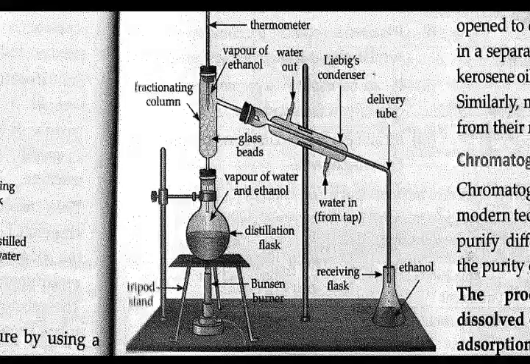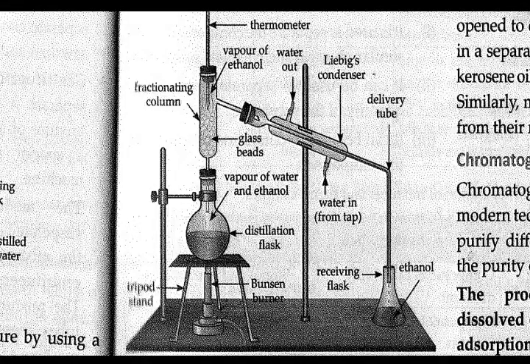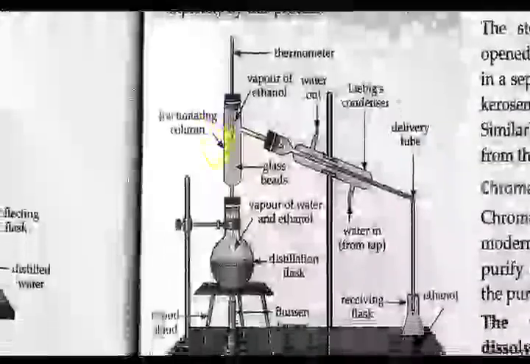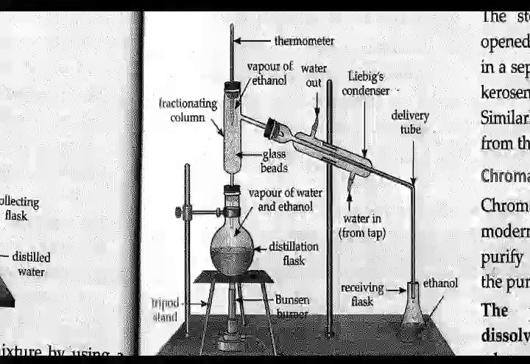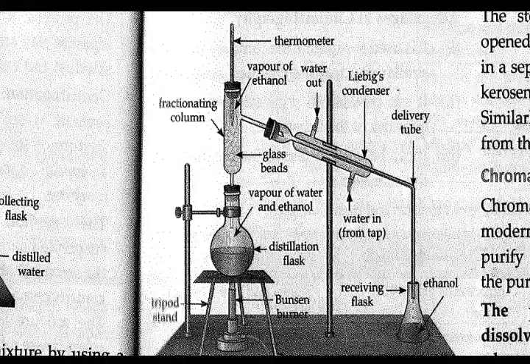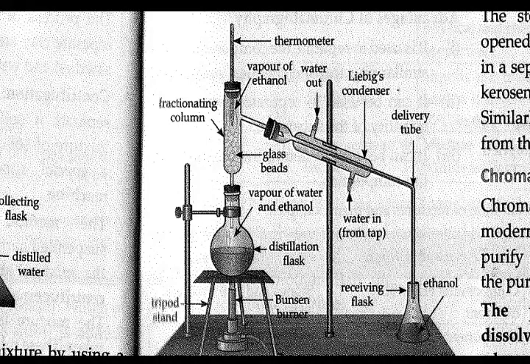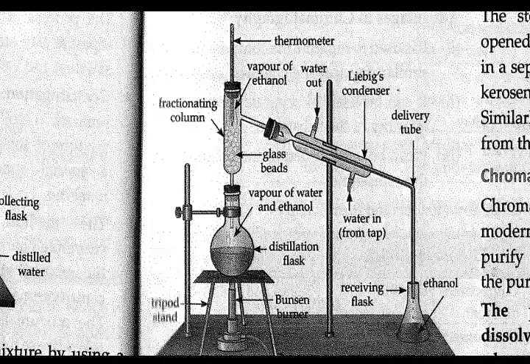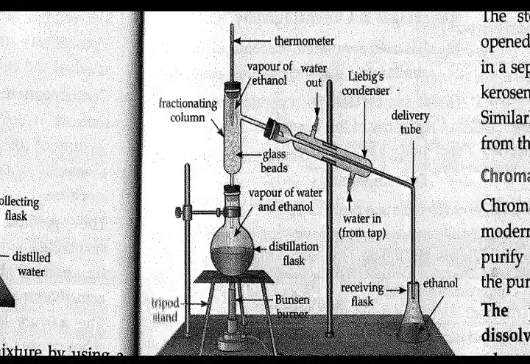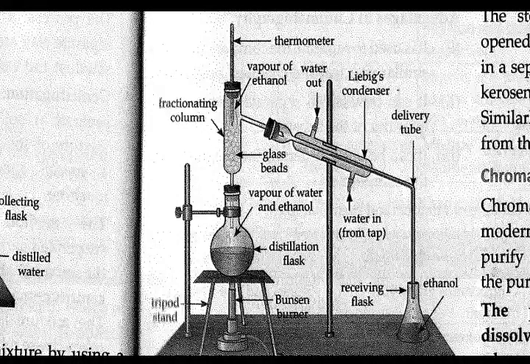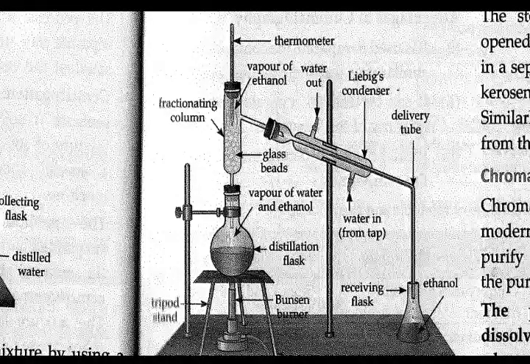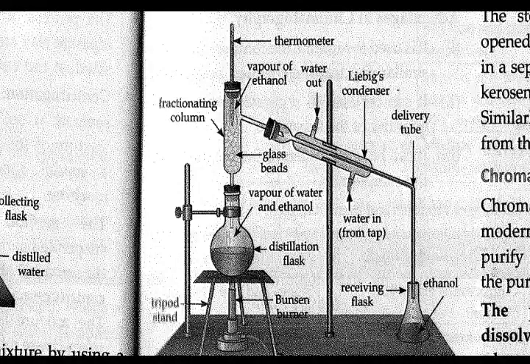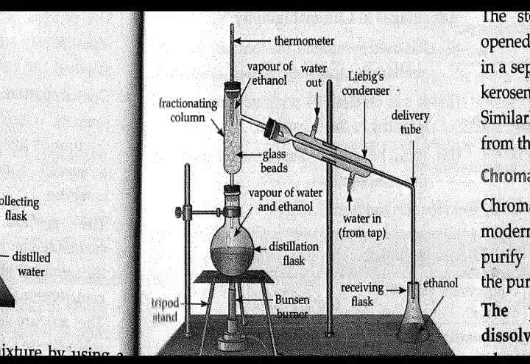It is almost the same setup but we are using a fractionating column, and the different liquids are obtained as different fractions in the form of their vapors, and are again collected in the Liebig's condenser, which are at last collected in the receiving flask.